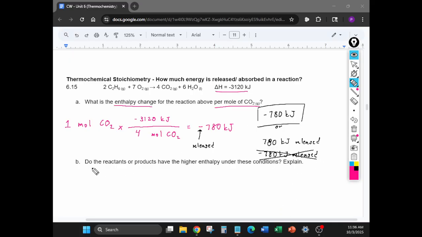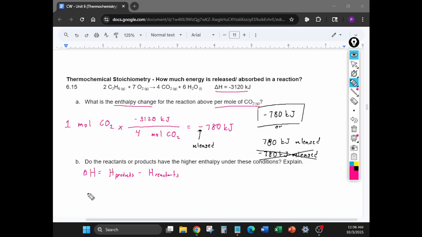Okay. Part B. Do the reactants or products have a higher enthalpy under these conditions? Now, earlier we said that the delta H is always the H of the products minus the enthalpy of the reactants. So we're trying to figure out if the products or the reactants have a higher enthalpy.